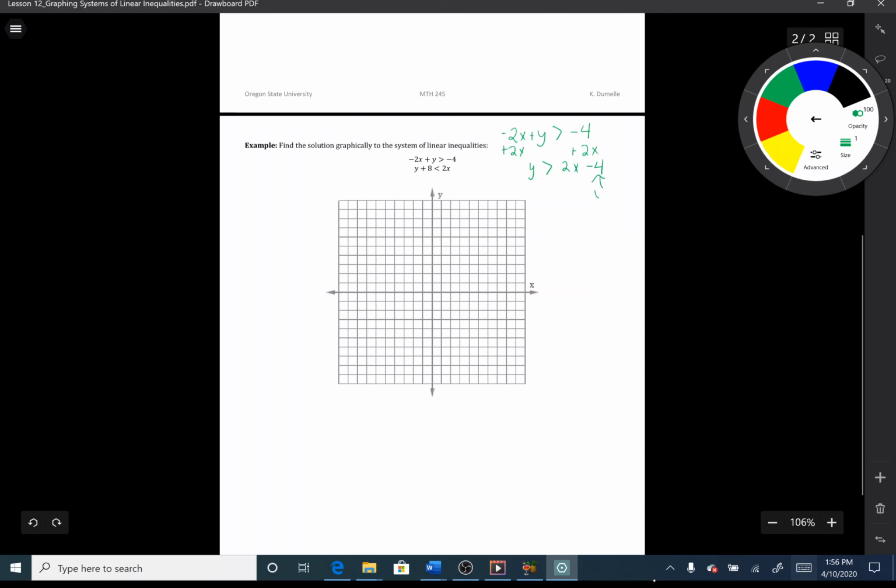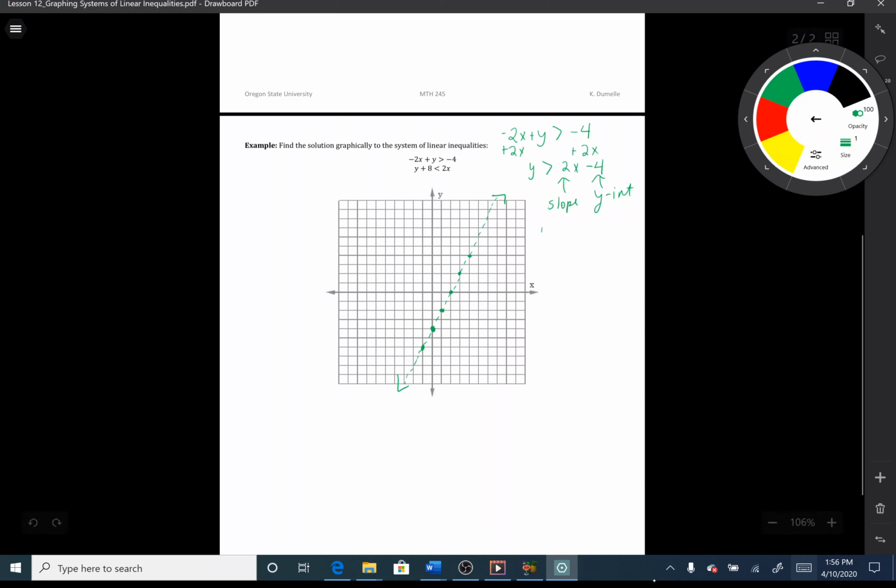So my negative 4 is my y-intercept. That is right here. And my slope is 2. Here I'm going to have a dotted line since I am strictly greater than. The solutions on the line do not make this inequality true. So I have a slope of 2. So I have this line, it's dotted. And which side do I need to shade on this one?